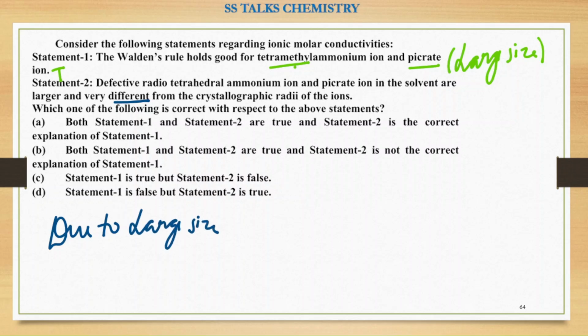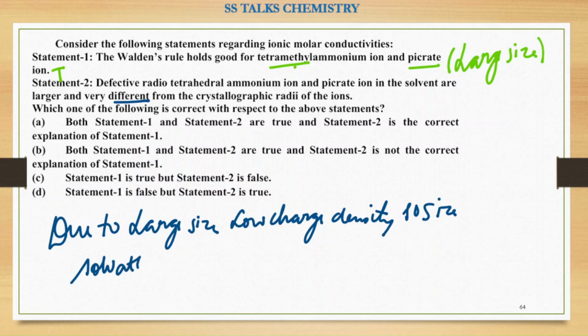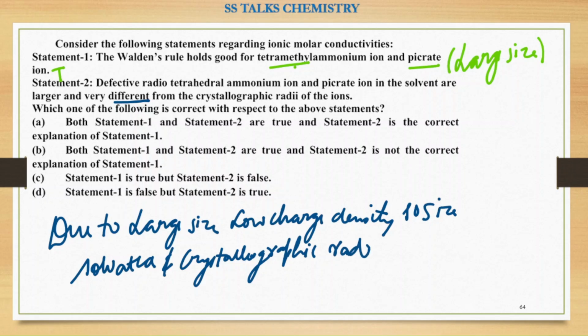So the sizes when they are solvated and the crystallographic radii will be the same, not different. So this statement is incorrect. The first one is true and the second is false. That means option C is the correct answer in this case.